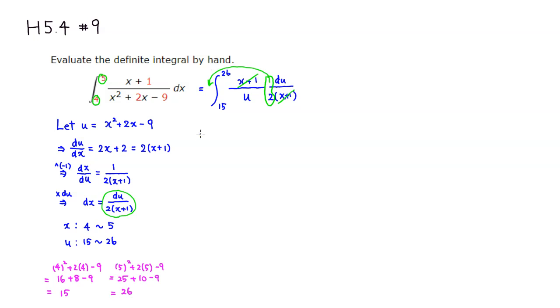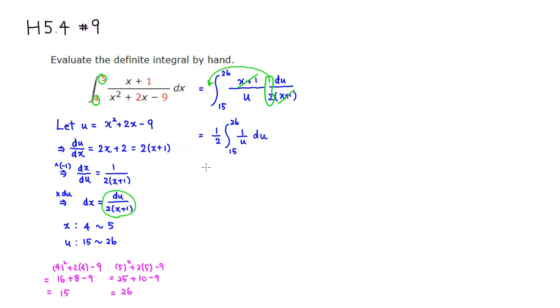So we're going to get 1 over 2 times the integral from 15 to 26 of 1 over u du.